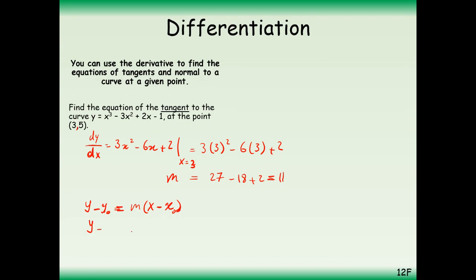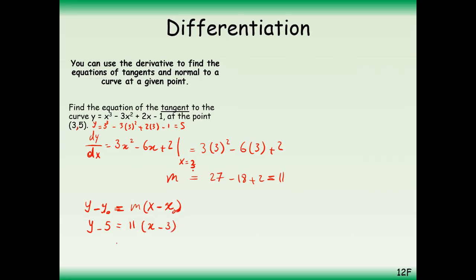So we're going to write y minus 5, because they've already evaluated that and found that 3 cubed minus 3 times 3 squared plus 2 times 3 minus 1 is 5. We weren't told that 5, you could have found it there, so we're just using it. x minus, what is our x naught? 3.